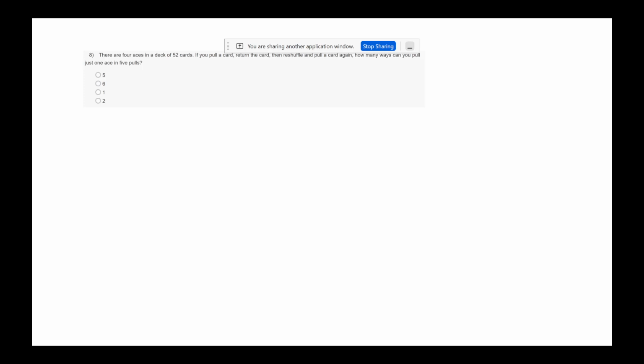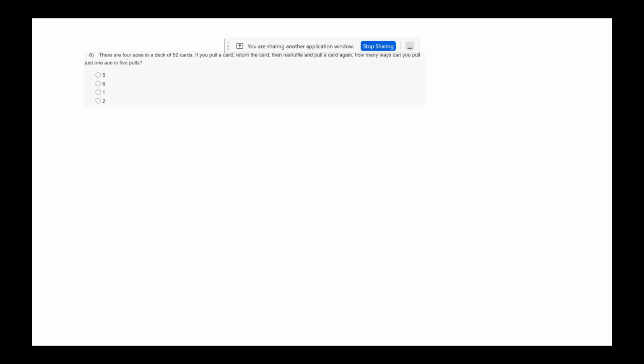So can we compare this to a 52-faced die? I'm saying again, you are complicating it. I think only one is the answer. How many ways can you pull one? Let me just state the problem again.